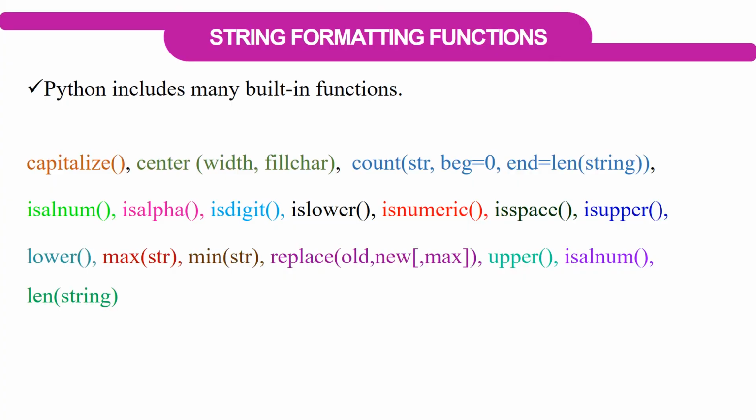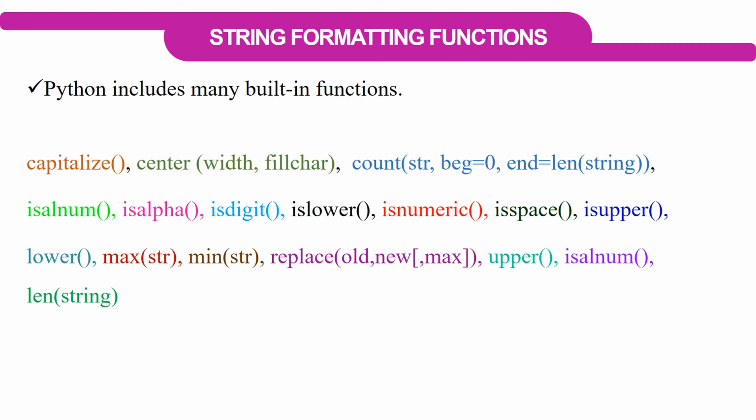In string formatting functions, there are many built-in functions for strings. Here I have listed only a few of them. First is capitalize, which makes the first letter of the string a capital letter. The next one is center(width, fillchar).